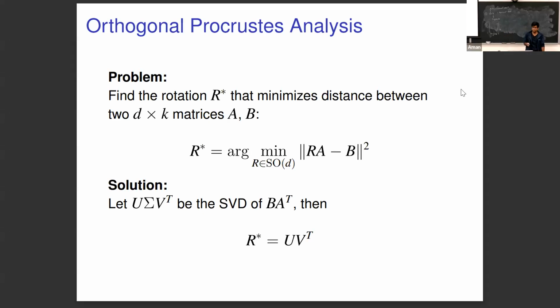Okay, so orthogonal Procrustes analysis. So let me give you a background story that the professor always tells us in this class. The name Procrustes comes from a Greek myth where there was this inn, like a hotel, which Procrustes ran, where anyone who came to the inn was given a bed, but the bed was always the same size, right? So if the person who came to the inn was shorter than the bed, Procrustes would stretch the person to fit the bed.